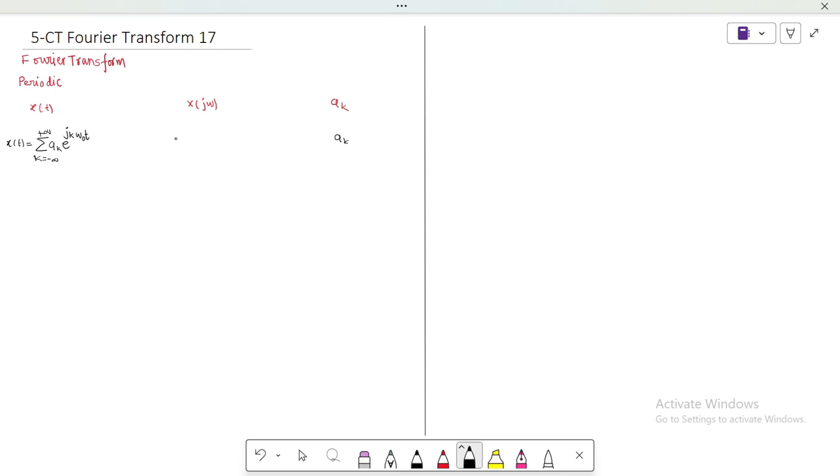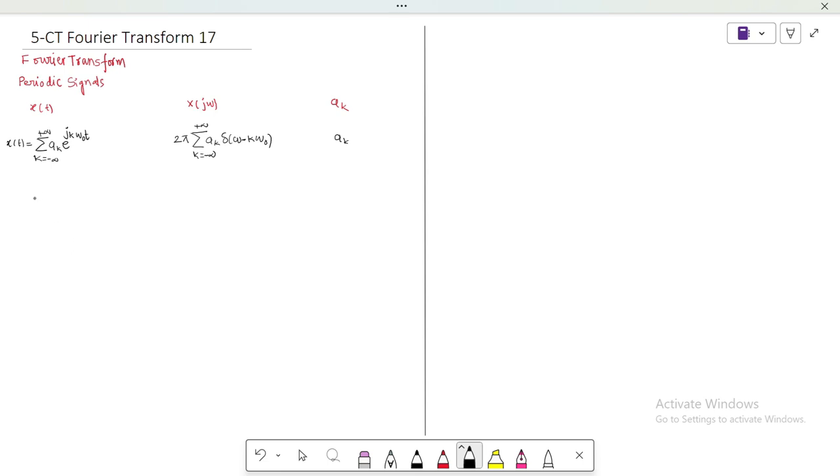For that, the Fourier transform is 2 pi sigma ak into del of omega minus k into omega naught, k from minus infinity to plus infinity. So these are periodic signals. This is the one case.